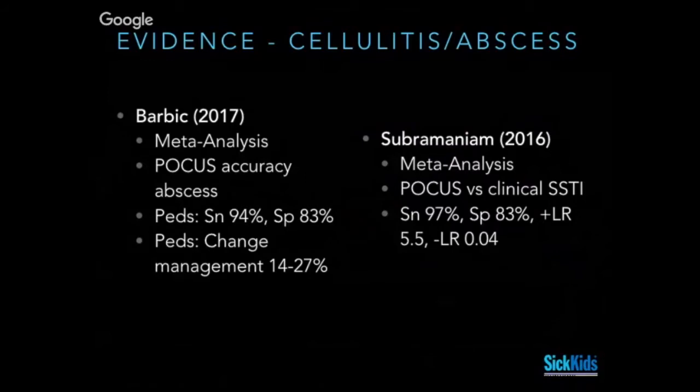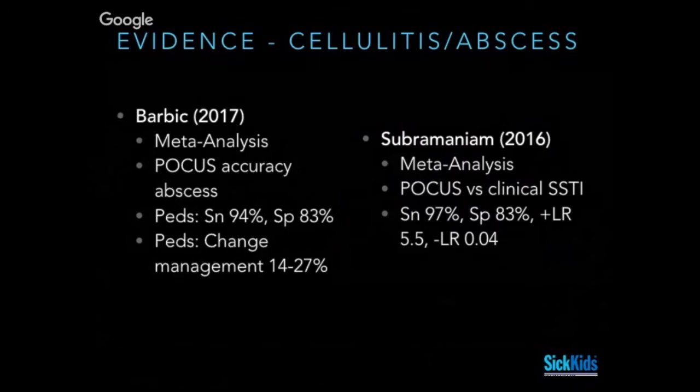In terms of the next one, I'm not going to try and pronounce that. In 2016, in Academic Emergency Medicine, there was another meta-analysis. They looked at POCUS versus clinical assessment of soft tissue infections. They excluded trials that were anything around the oral area or required surgical drainage in the OR. They had 6 observational studies, and 4 of them were pediatrics.